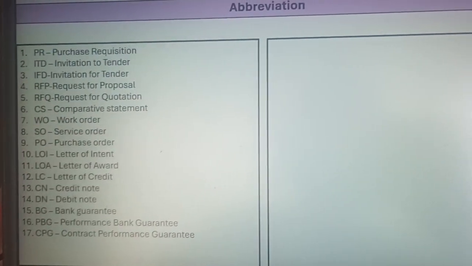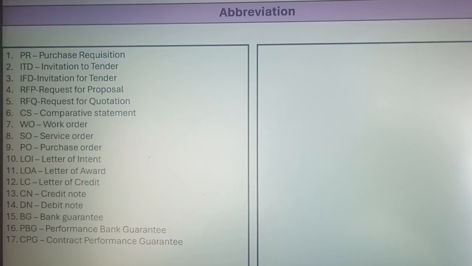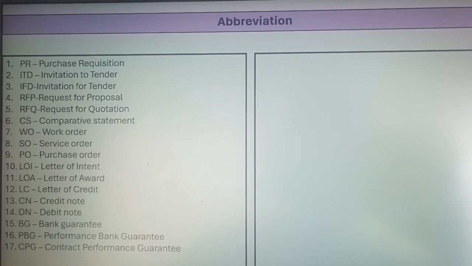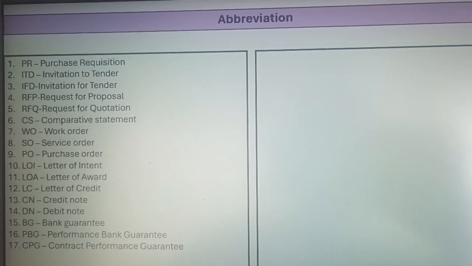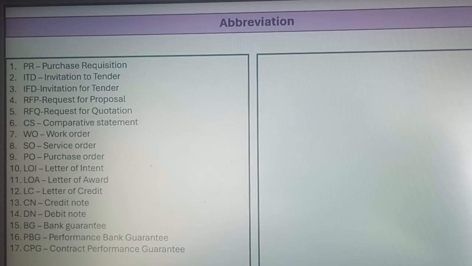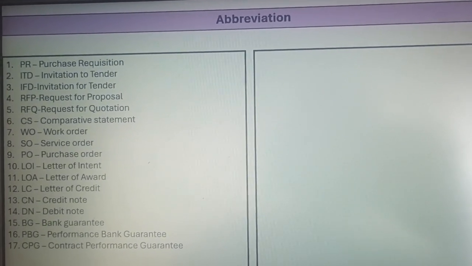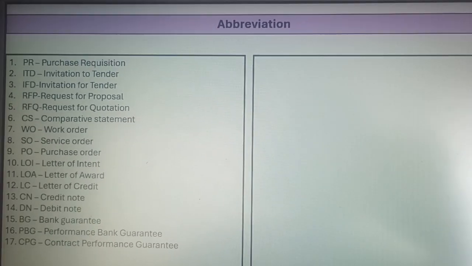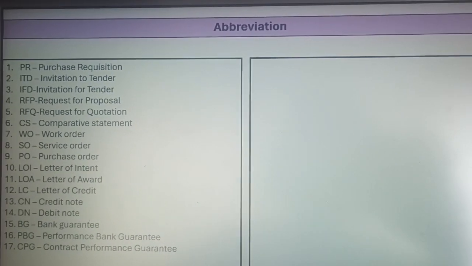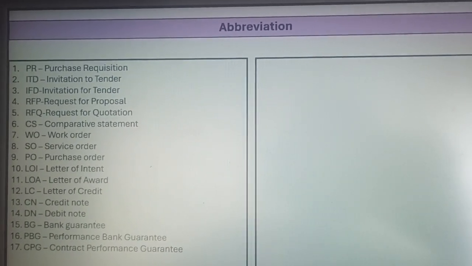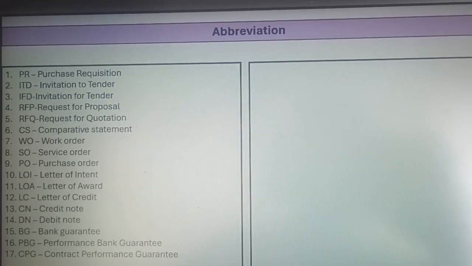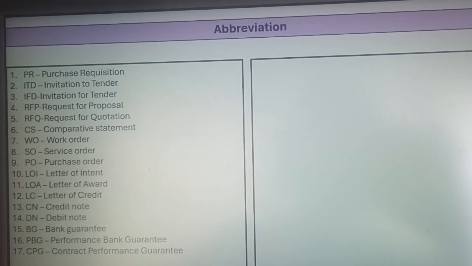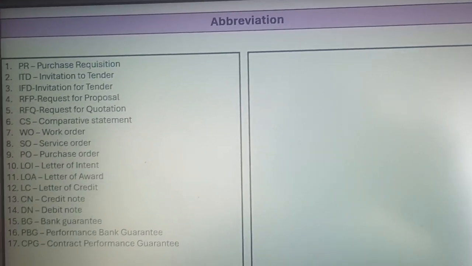CPG is a contract performance guarantee. When is the CPG used? Contract performance guarantee is used normally in services, where after completion of the contract period there is some addition of a defect liability period.